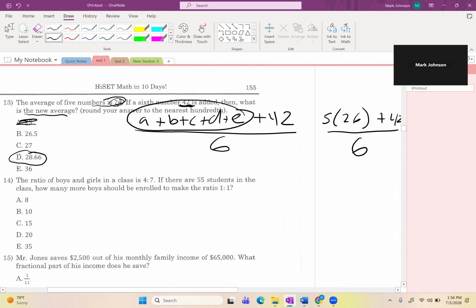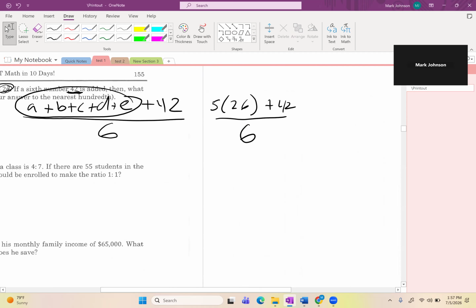Tratamos con la calculadora. 5 por 26 son 130 más 42 sobre 6.